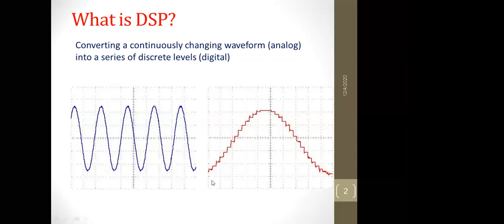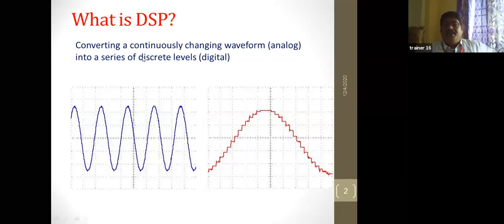Here, see here, converting DSP, right? Digital signal processing means converting a continuously changing waveform. What I said to you, digital signal processing means that the digital signal occurs in the ADC, the analog to digital conversion.